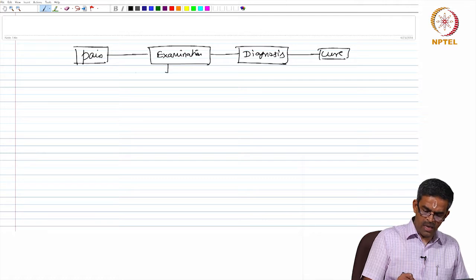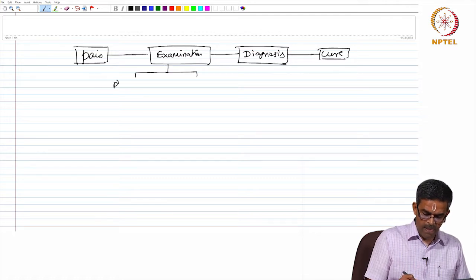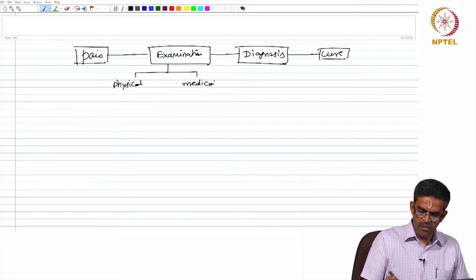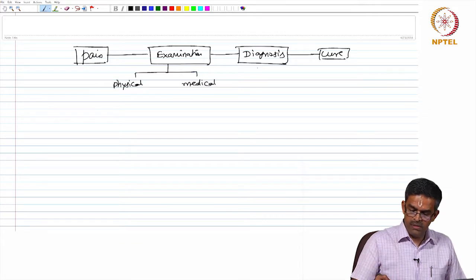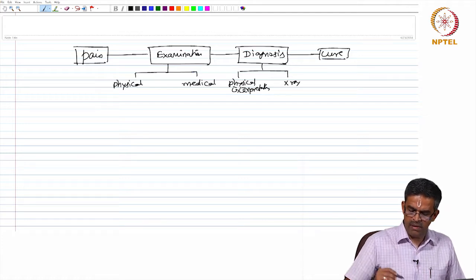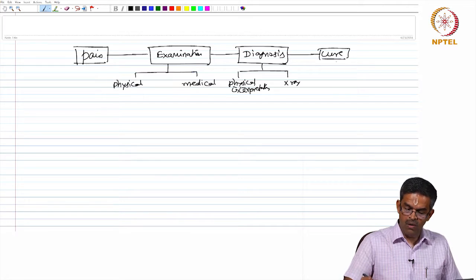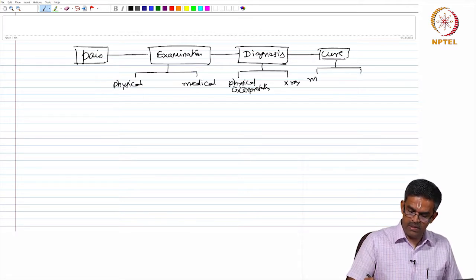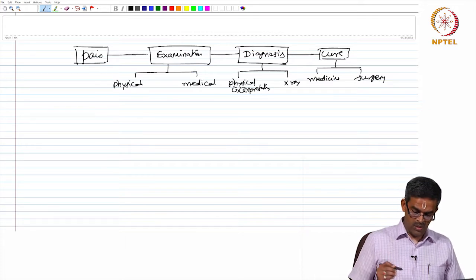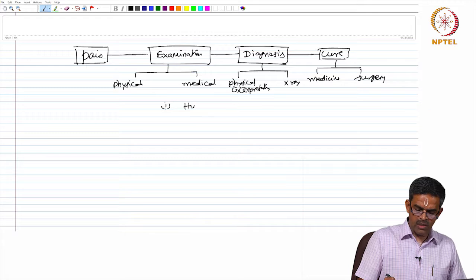The examination can be physical examination and let us say medical or radiological examination. Diagnosis can be physical interpretation, or you can always use X-rays etc. also for diagnosis, and cure again can be by medicines or by surgery, depending upon what kind of diagnosis is proved. This is as far as human health is concerned.